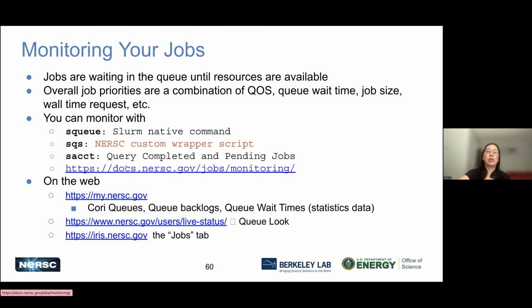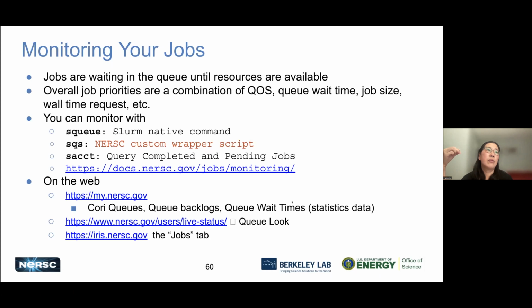We also have documentation on how to monitor jobs. You could cancel your job. You could update your wall time, and update some of the other flags for your jobs in the queue. So this is the page you want to check out. On the web, my.nersc.gov, you can see all the queues and queue backlogs. We also have some statistics data, heat maps of the queue wait time.